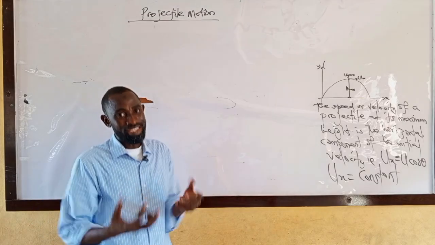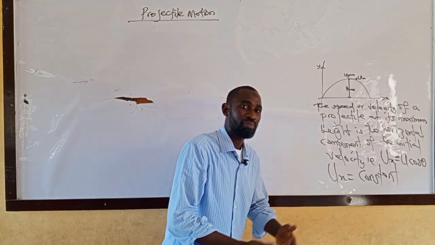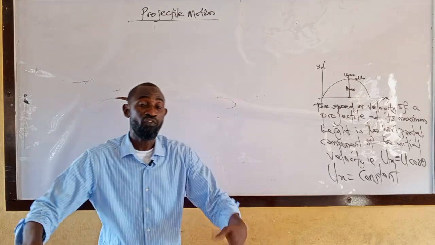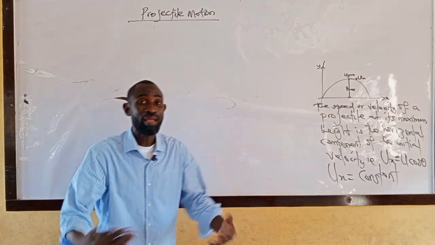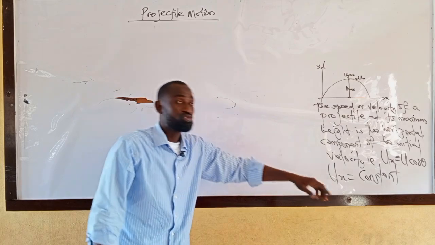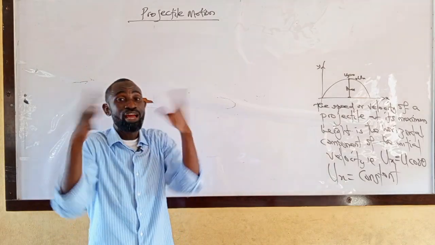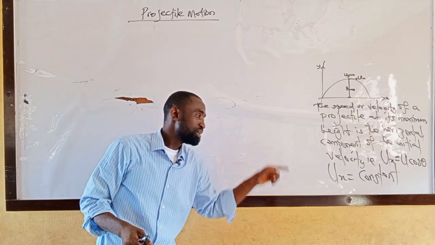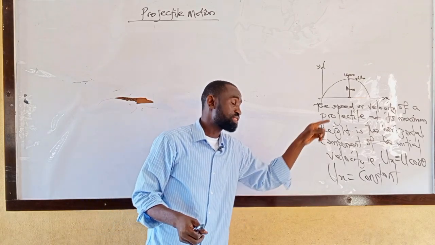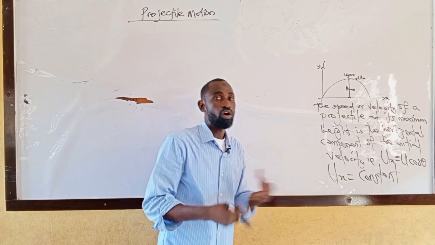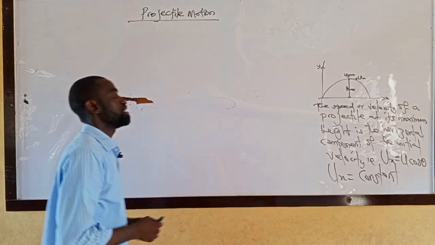It means U of X is not a function of time. It's not time dependent. Anytime you check, U of X will remain the same. It doesn't rely on time. But our U of Y will rely on time. As time changes, our U of Y also will change with time.